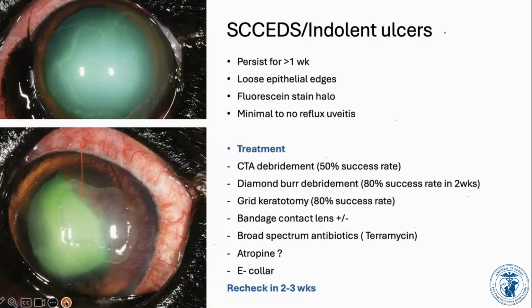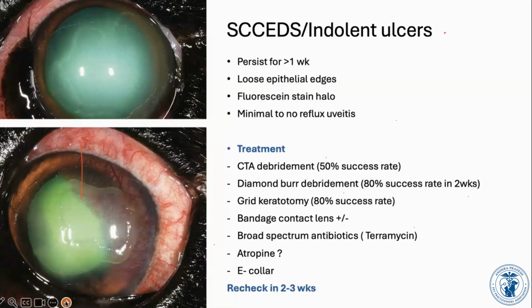Desensitize the cornea with the proparacaine, and then try to scrub or scrape the loose epithelium. Sometimes when I do it, the presenting ulcer will be around 3 mm or 4 mm, but when we start debriding, we end up covering most of the cornea, because a lot of the epithelium starts coming off. That is normal. Don't panic. We end up making them bigger, but we have to remove that dead epithelium. Otherwise, it's not going to heal.